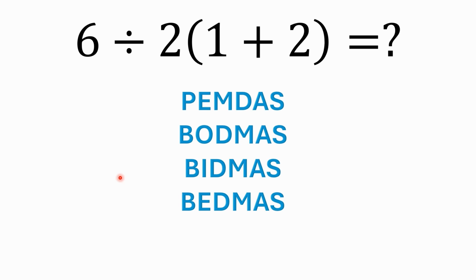Some people refer to grouping symbols as parentheses or brackets, so that's where you get the P and the B. The E just represents exponents. The O of BODMAS is orders. The I of BIDMAS is indices. Basically, they're all talking about the same thing. The E is only mentioning exponents, but really, orders is a little bit better general term.